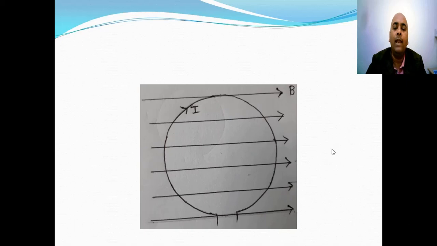Now we have to analyze the effect of the parallel component of magnetic field to the plane of the loop.